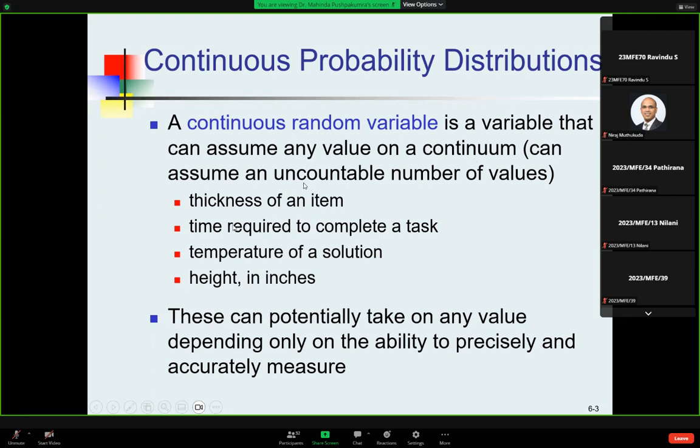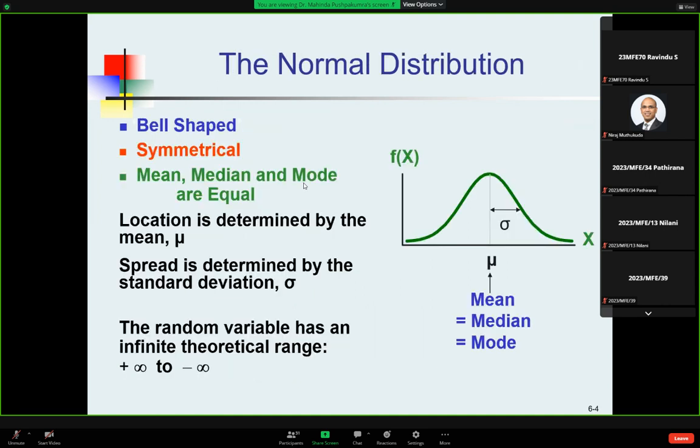Thickness of an item, time required to complete a task, temperature of a solution, height in inches. These we call continuous random variables. Then we can assume the continuous random variable is distributed bell shape.